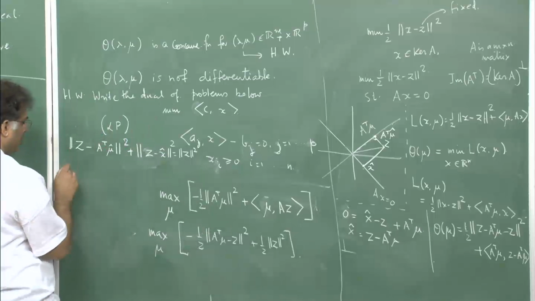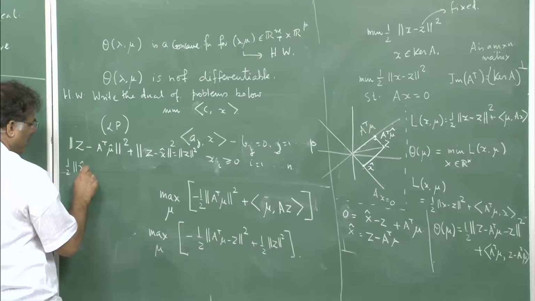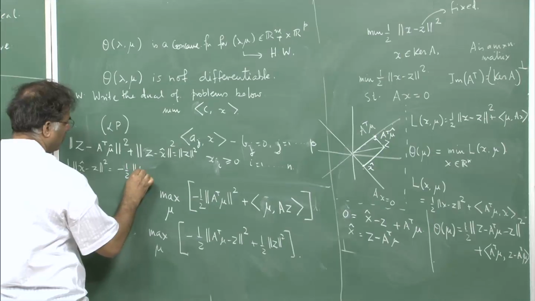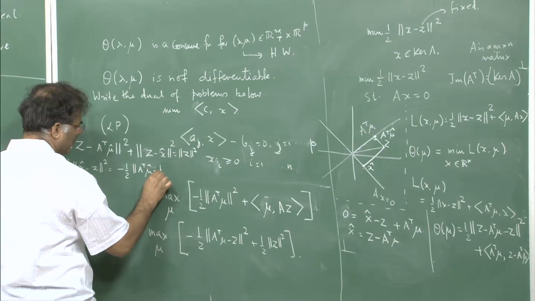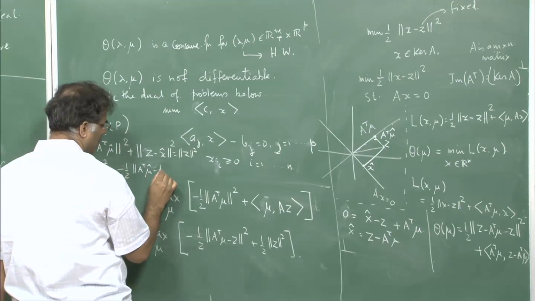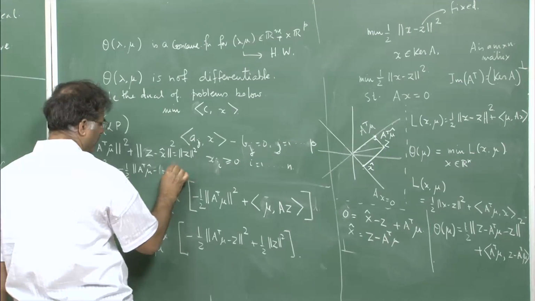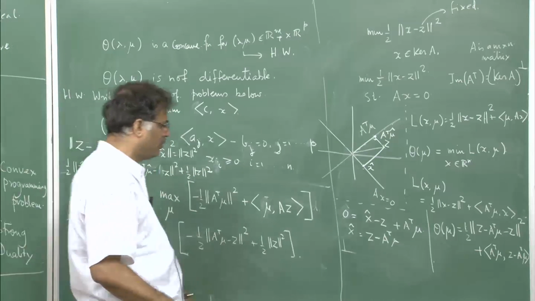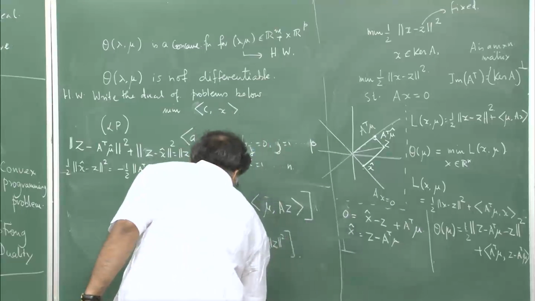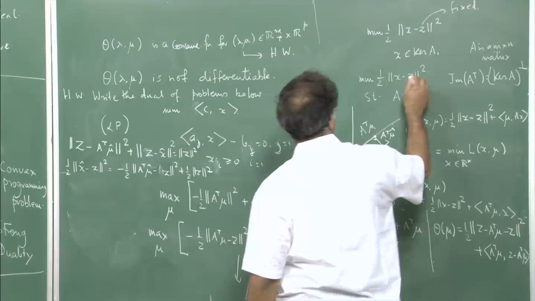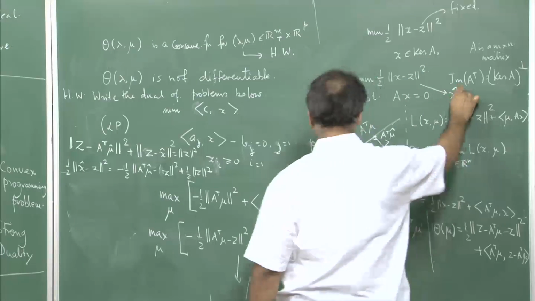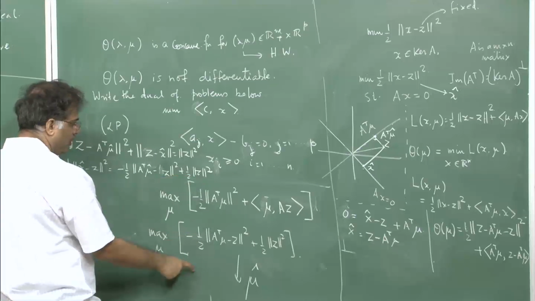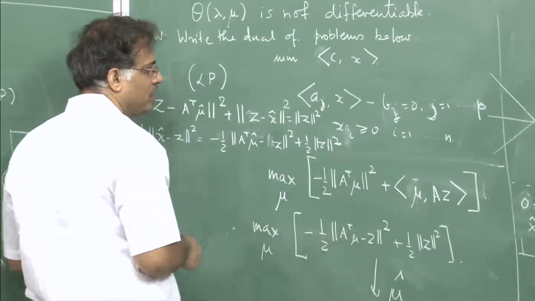So, finally what I get from here is half norm x hat minus z square is minus half norm A transpose mu hat minus z whole square plus half norm z square. So, mu hat is the solution to the dual problem and x hat is the solution to the primal problem. This is the maximum value of the dual problem and this is the minimum value of the primal problem, and they are equal.